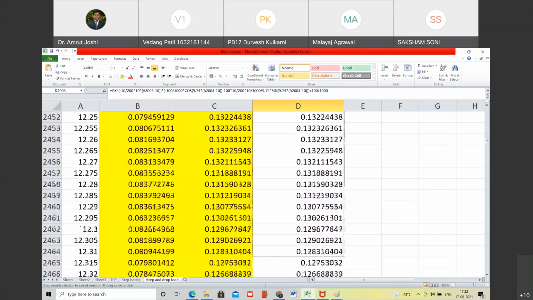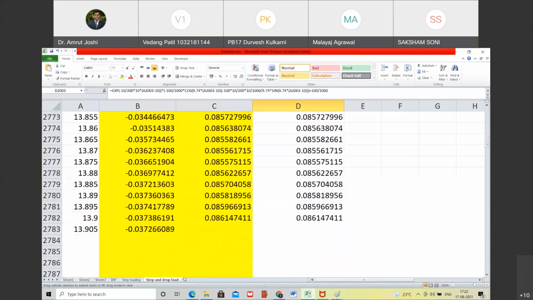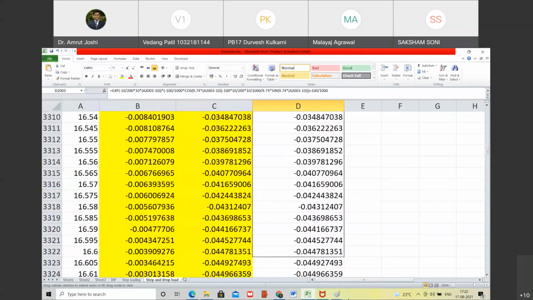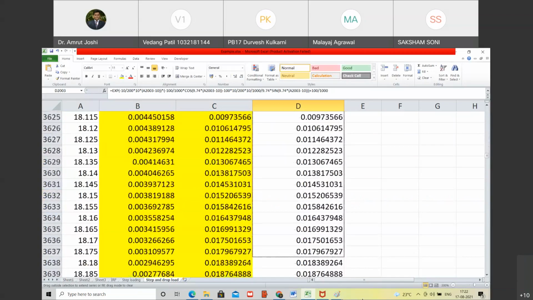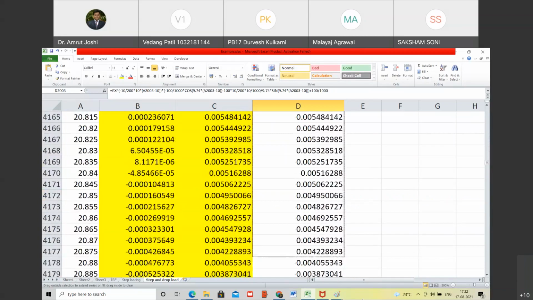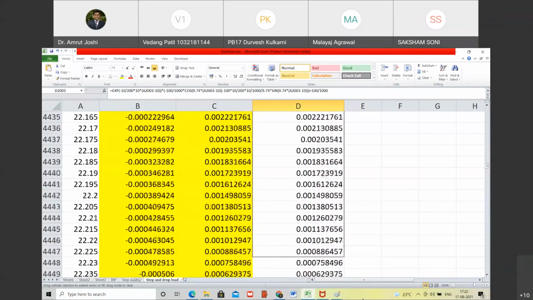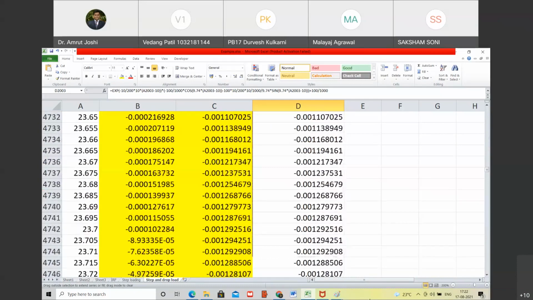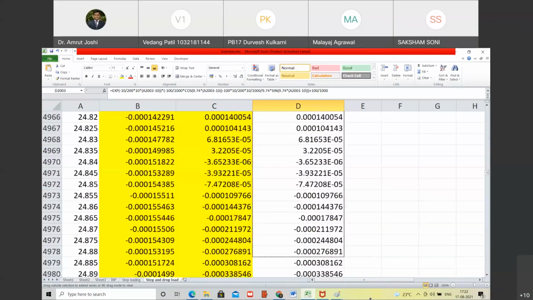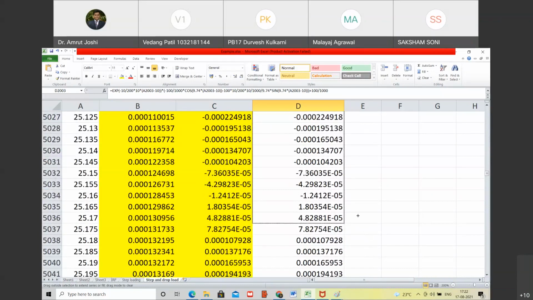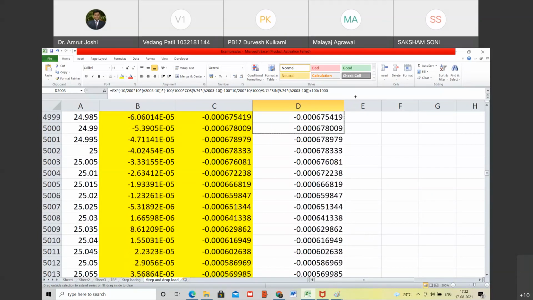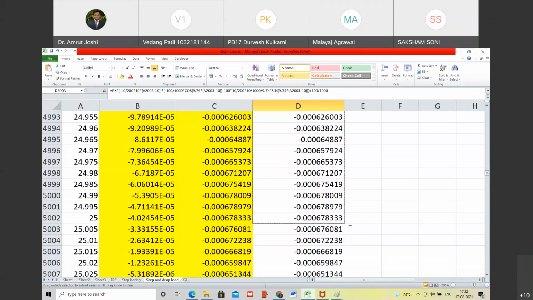Yes, sir. Up to 25 seconds, T2, we are going to use this formula. So let me do that. Yes, up to 25 seconds, I have used that formula.